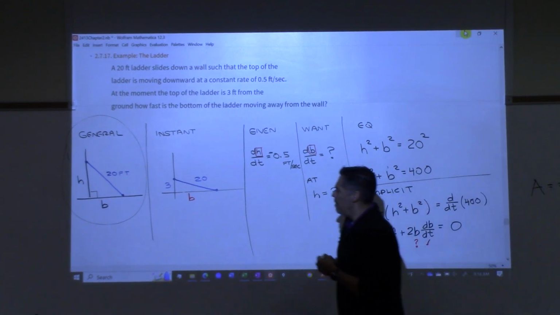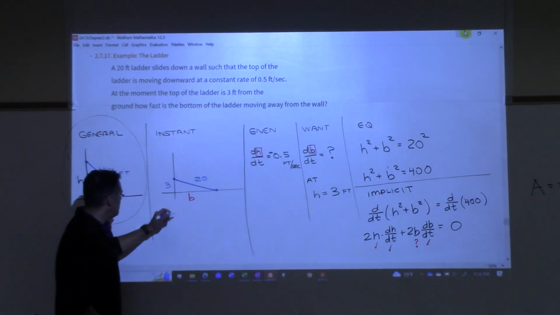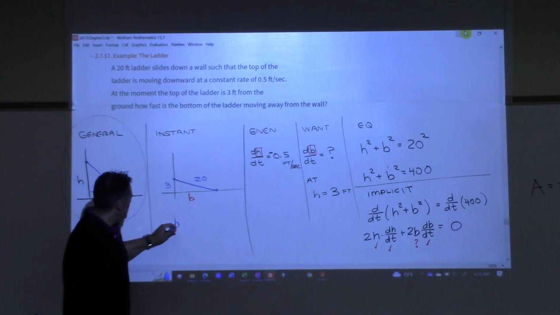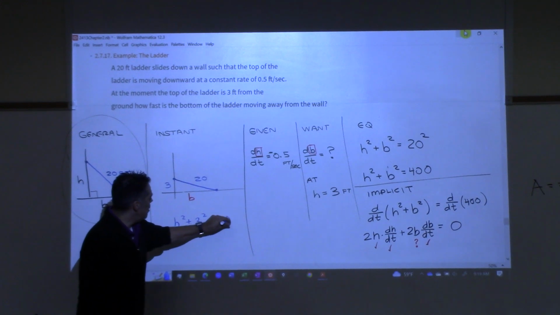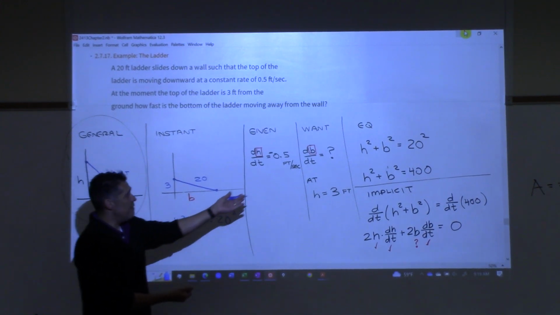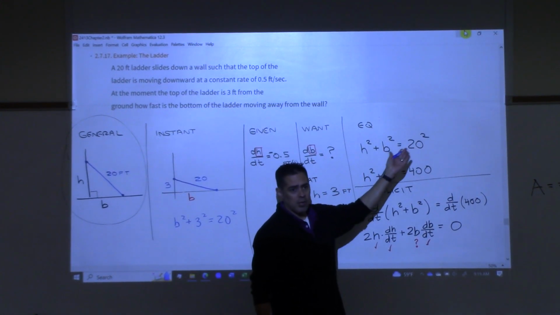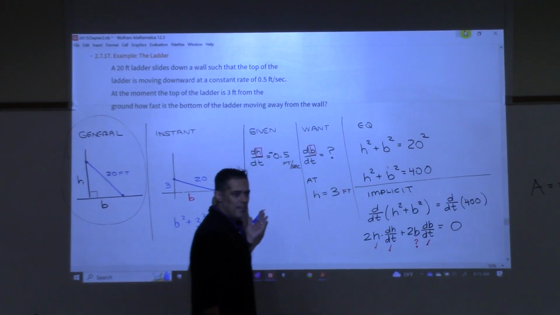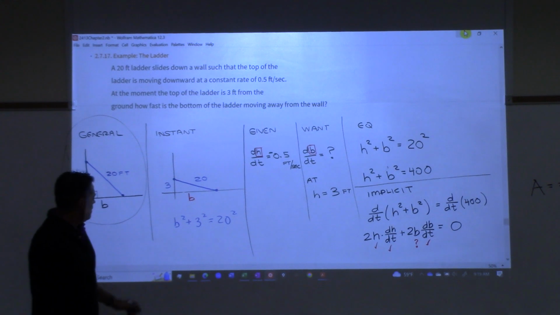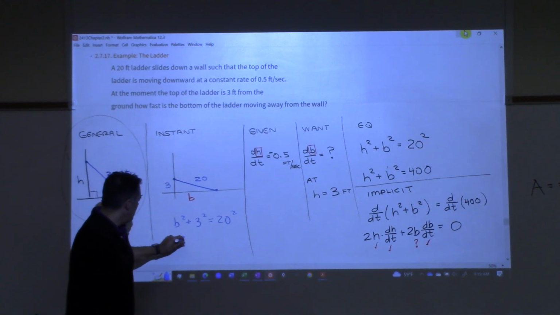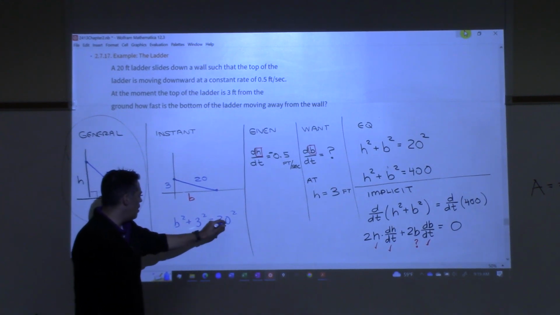So let's find b by coming back over here and doing this work. This is b squared plus 3 squared equals 20 squared. I'm just using Pythagorean, the same formula we had up here. You could have just used that if you wanted to, but I'm going to the picture because I think it makes a little more sense in the picture. So b squared equals 400 minus 9.